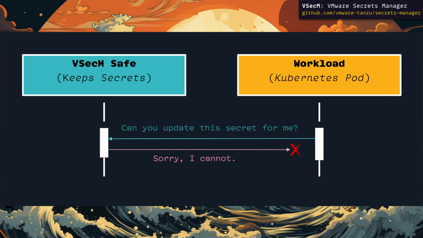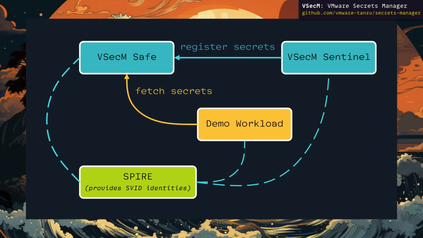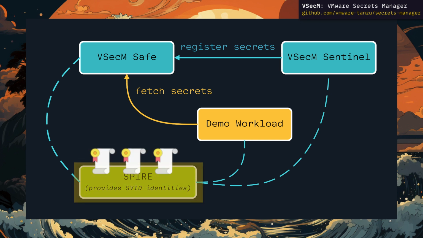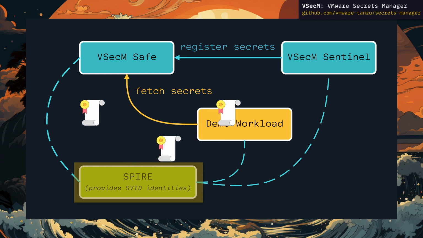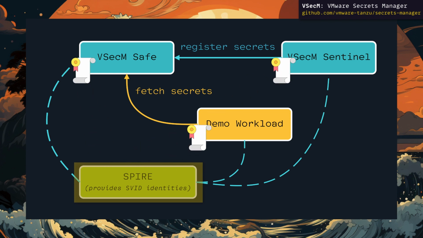While discussing SPIFFE and Spire, we briefly introduced VSecM components such as Safe and Sentinel. Let's see them in a high-level diagram to clarify our understanding. In this diagram, Spire acts as an identity manager that distributes the SVIDs, the X509 digital certificates that all these components use to identify themselves.